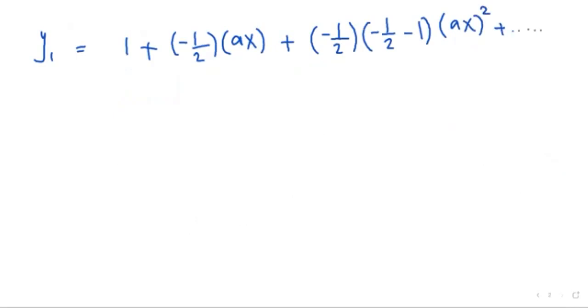We are going to stop here because in the question it is given about x power 2. So this is 0 factorial, this is 1 factorial, this is 2 factorial.